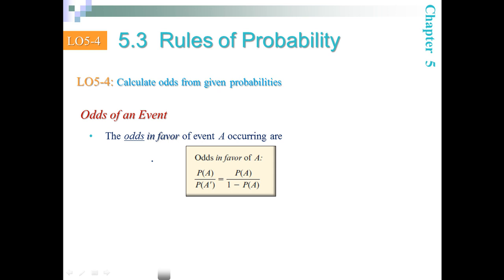If you're talking about the odds in that context, make sure you know that it's odds in favor or odds against, and then make sure you're going to be able to calculate the probability correctly. Otherwise, you might say, well, if the odds are 5 to 1, what does that mean? That means the probability of winning is 1 out of 6.